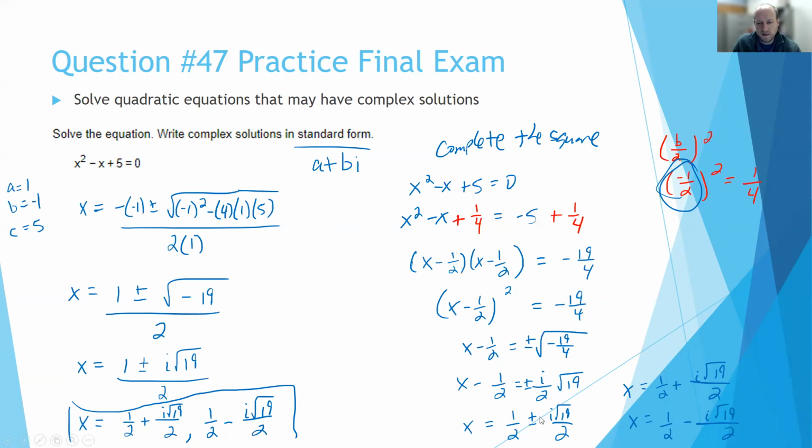So some of you might have gotten confused on that step, but notice here this step where I did that, and then I just added the 1/2 over to put it out front. So either way, using the quadratic formula or completing the square, you're going to end up with the same answer. So if you do need more practice on completing the square, go back to chapter 11 and do some of those questions that were on completing the square.